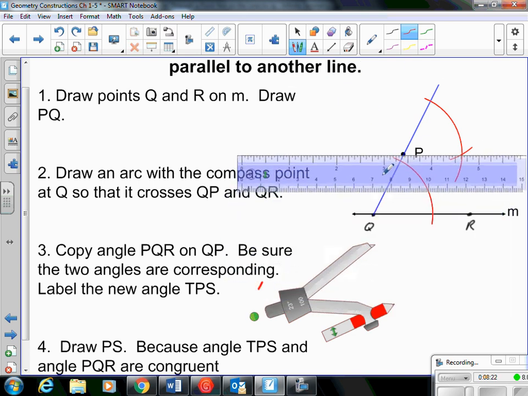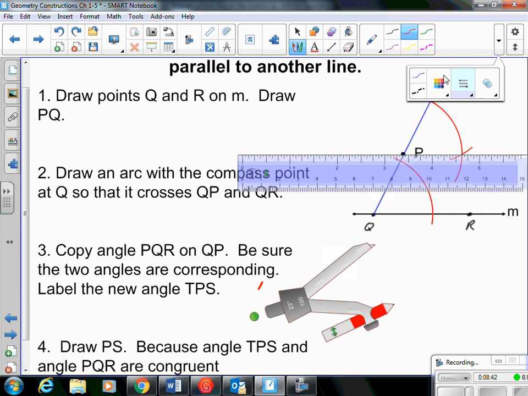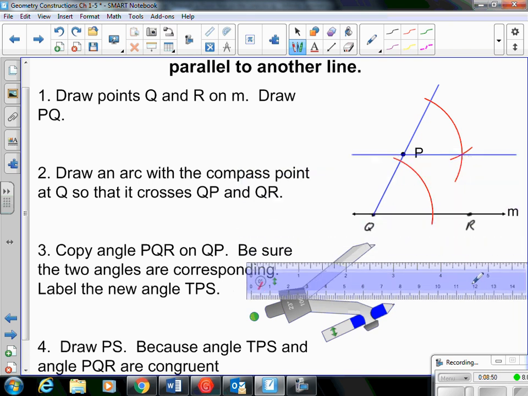And lastly, line up my straight edge with point P and that intersection out there. And there we have a line that's parallel right here. Call that PS.